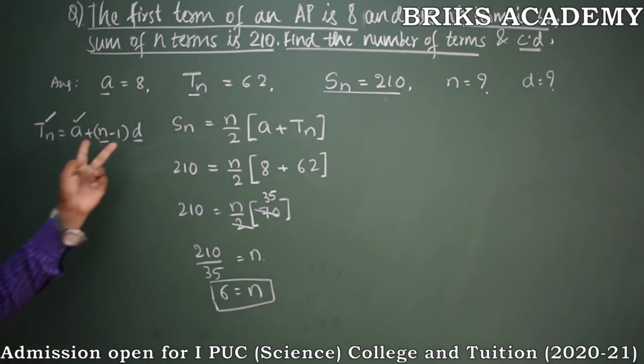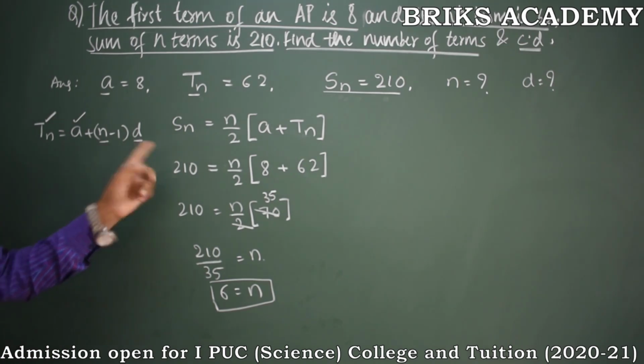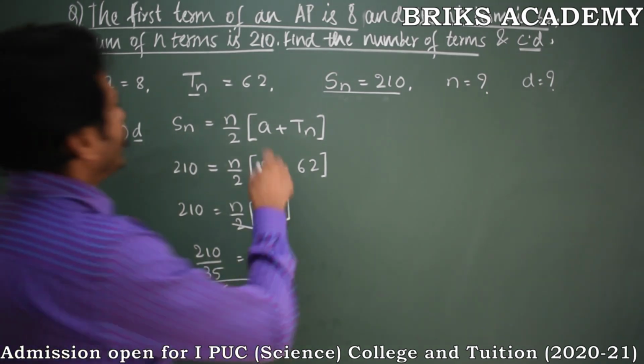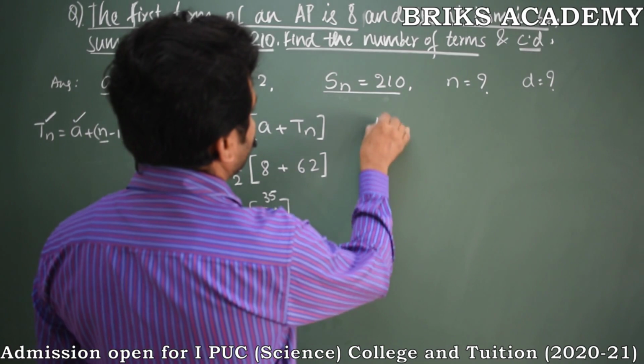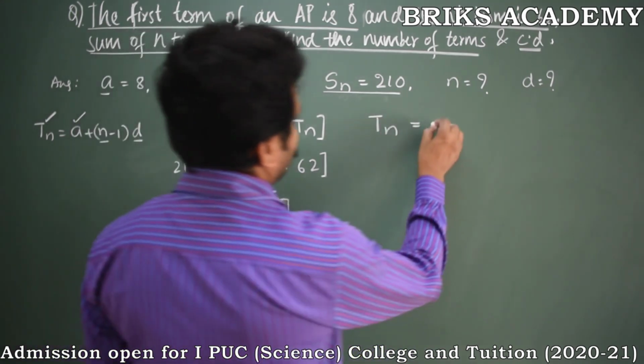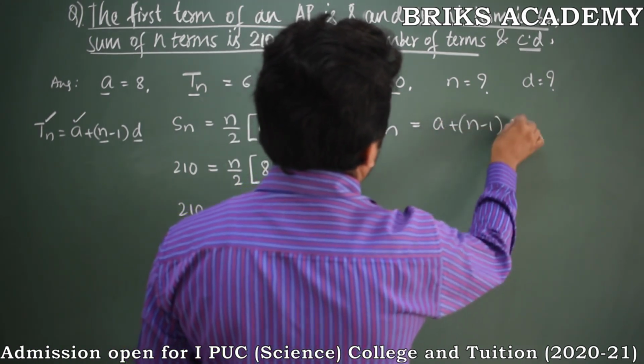In one equation, two unknowns, it is impossible to calculate. So I made use of the Sn formula to calculate n. Next, Tn is given. I will make use of Tn to find d, since I know the n value. That is the Tn formula, a plus n minus 1 into d.